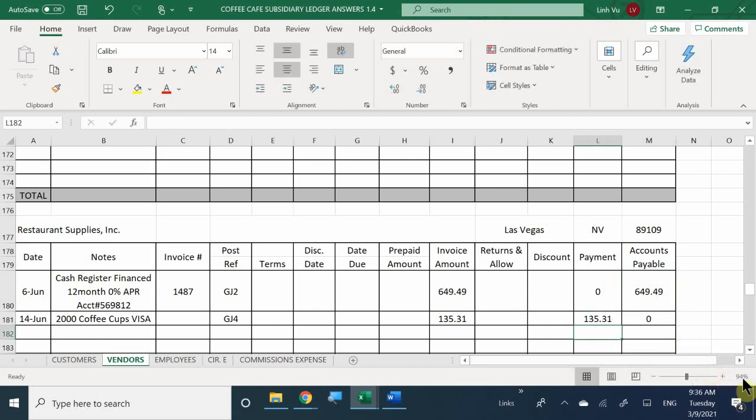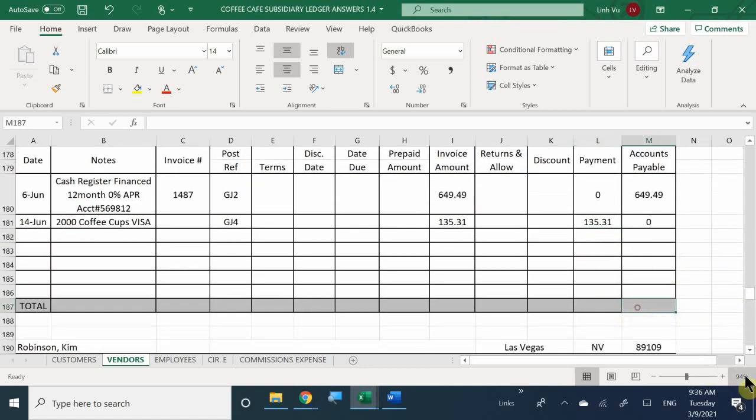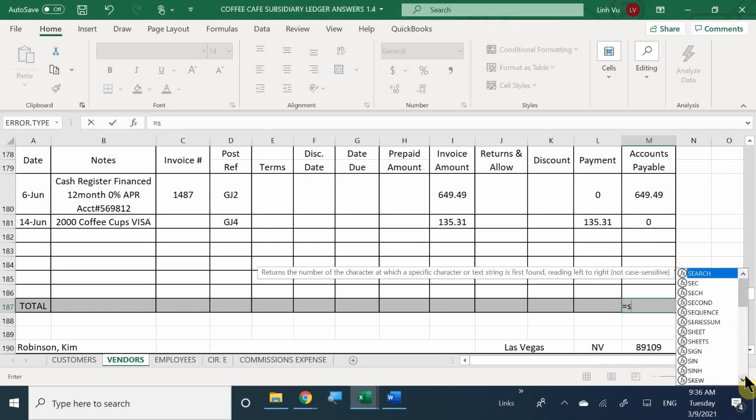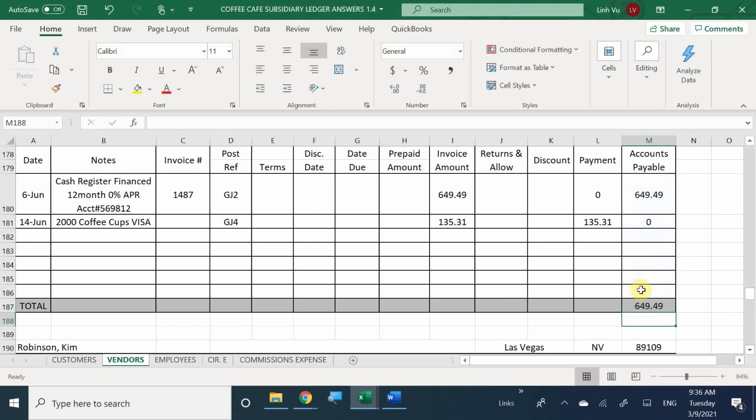Now I owe $0. Okay. But in grand total, I should actually still owe that amount. So equal sum. And I want to know how much I owe restaurant supplies at all times. So that means no matter where I'm at, even though I made a payment to the supplies, I still owe $649.49.